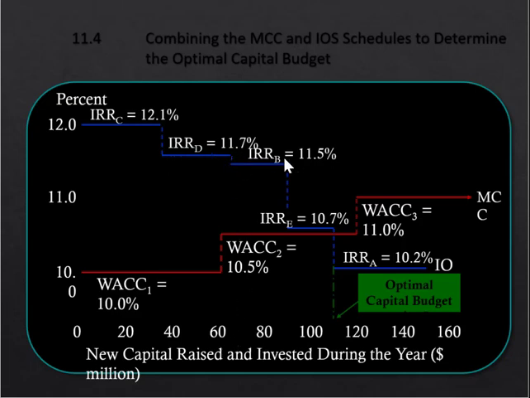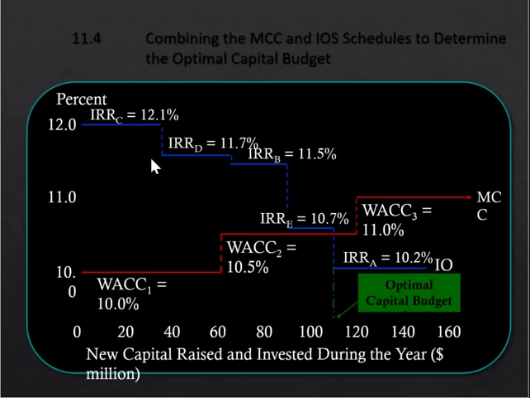Then we had the 11.5%, then we had the 10.7%. That gets us out to the 10.7 piece, but once we hit that $61 million, all of a sudden the cost of capital went up. And so our new rate isn't 10%, it's 10.5%. So that 10.2% one now falls below the weighted average cost of capital.